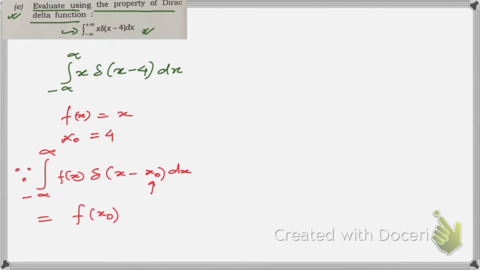Since this integration is equal to f of x naught, therefore it must be equal to 4. In this case, because f of x is x, f of x naught will be x naught. So here x naught is 4, so it's going to be 4. So 4 is the answer.